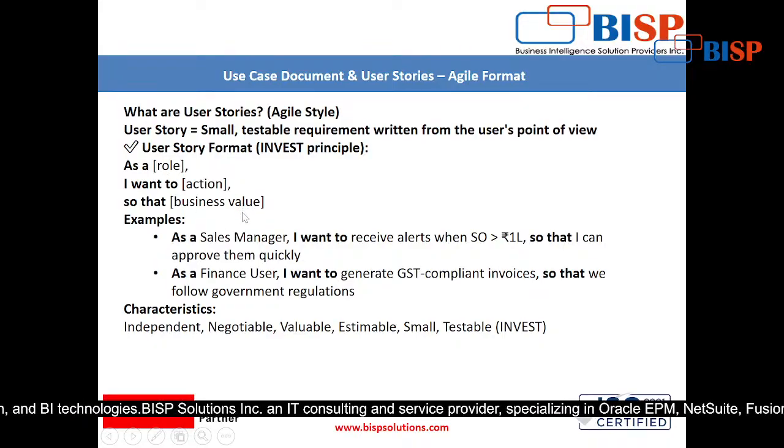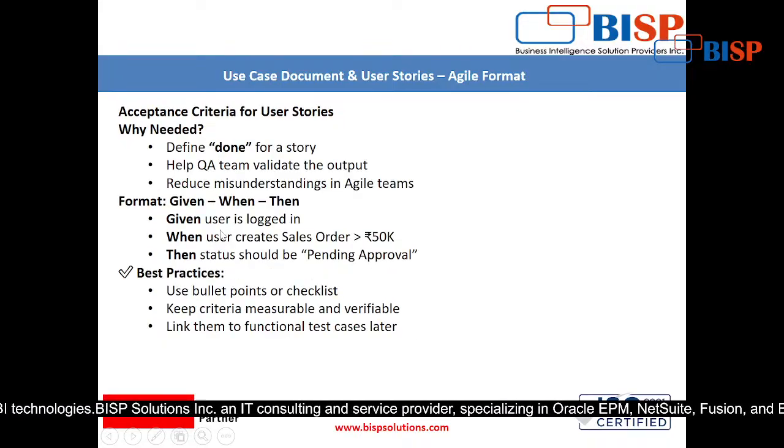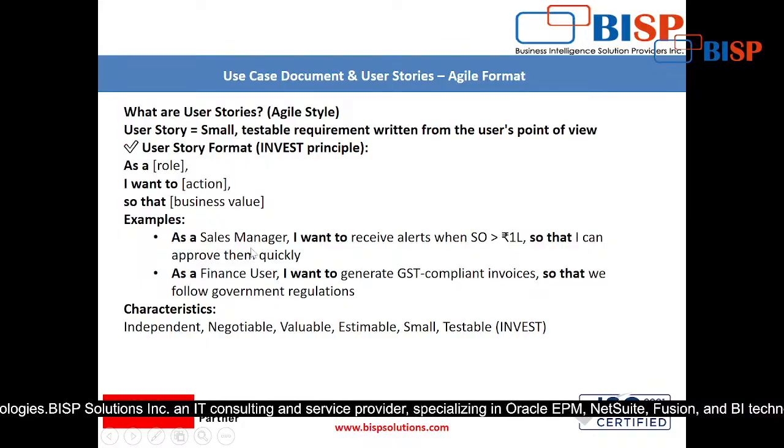Now let me show you this example. As a sales manager, I want to receive an alert when a sales order is greater than rupees 1 lakh, so that I can approve them quickly. As a finance user, I want to generate a GST compliant invoice so that we can follow government regulation. So this is called a user story.